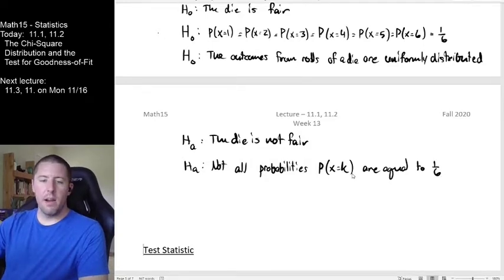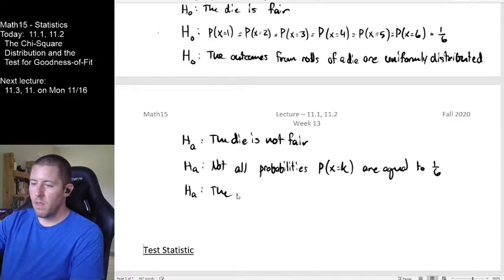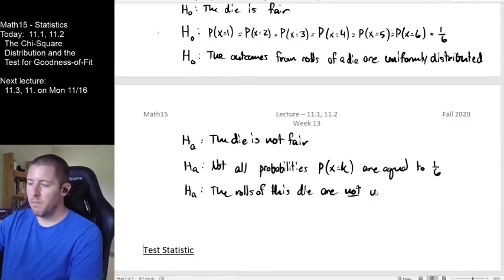And that's just a k right there. I'm just saying any of my x equals some number statements, not all of them are going to be equal to 1/6. That would be a way to say that. Or we could just say the rolls of this die are not uniformly distributed.